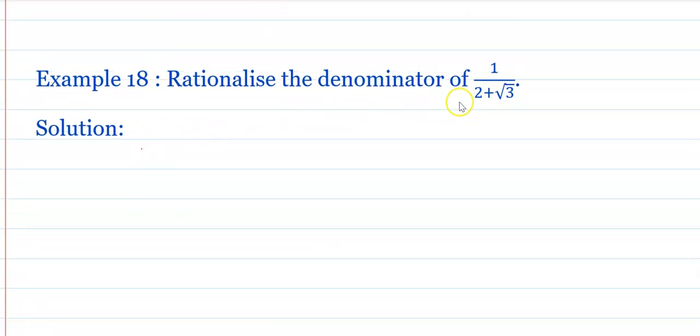Okay, now the next example. Rationalize the denominator of 1 upon 2 plus root 3. Here we have 1 upon 2 plus root 3.